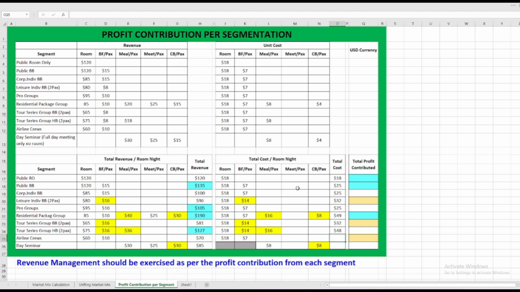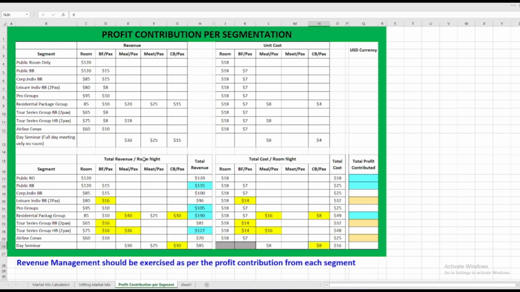And air crew bed and breakfast, okay, and day seminar cost is, so for the meeting there's no cost, only the meal, which includes lunch, and the coffee break because 2 coffee breaks, total 8.